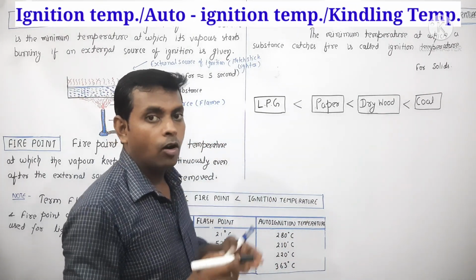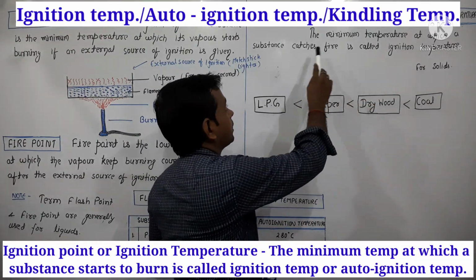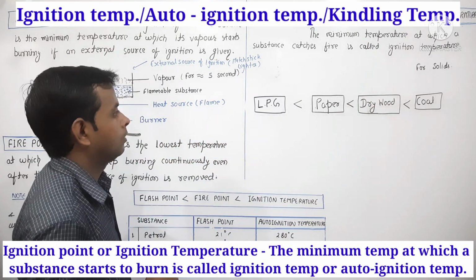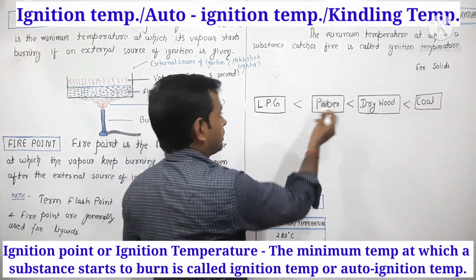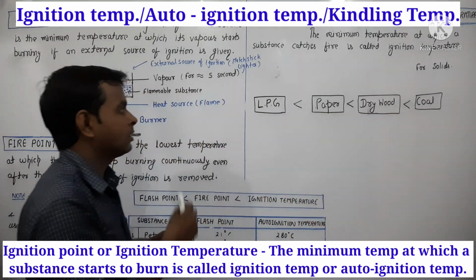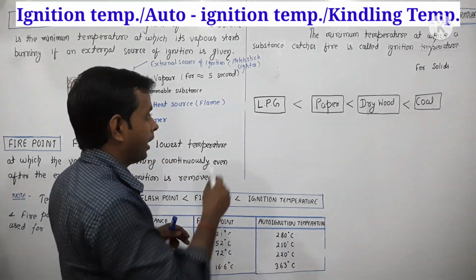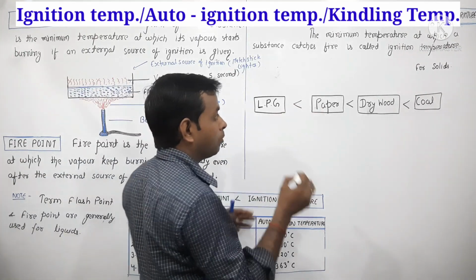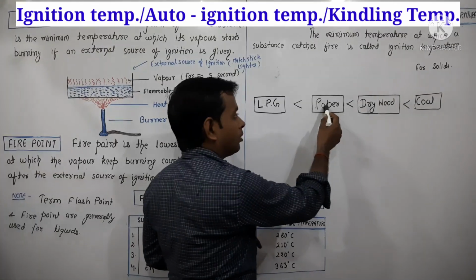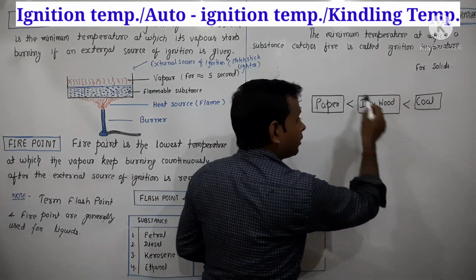What is ignition point or auto ignition temperature? The minimum temperature at which a substance catches fire is called ignition temperature. If we start burning these substances, that is LPG gas, paper, dry wood or coal, LPG gas catches fire even by using a simple lighter, and paper requires more heat than LPG, dry wood requires more heat than paper, and coal further requires more heat than dry wood.